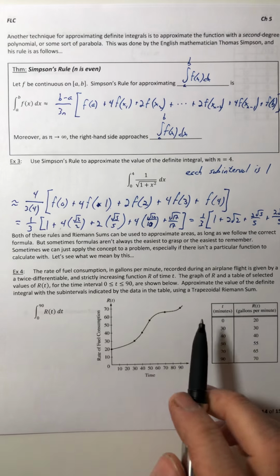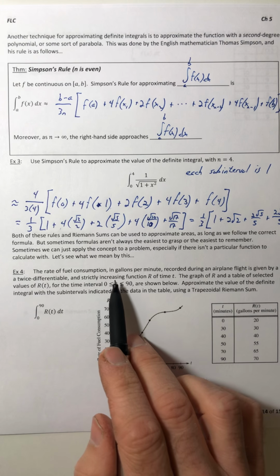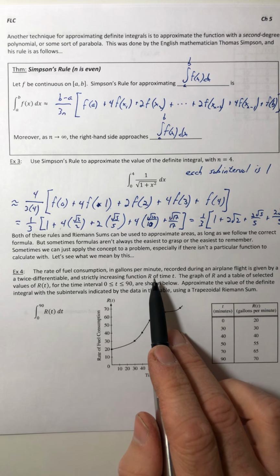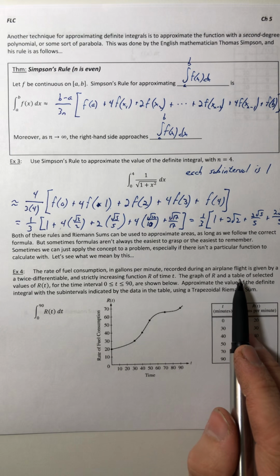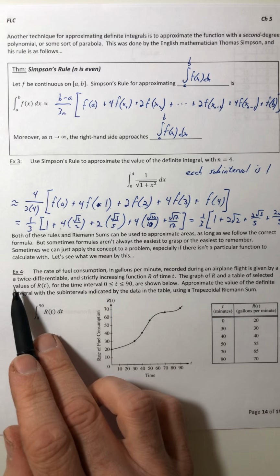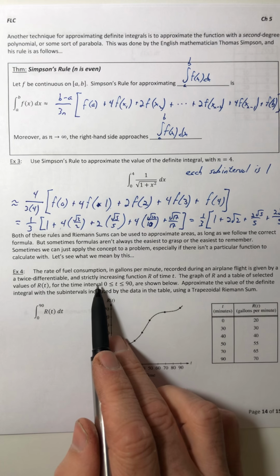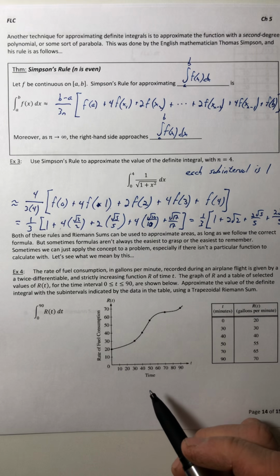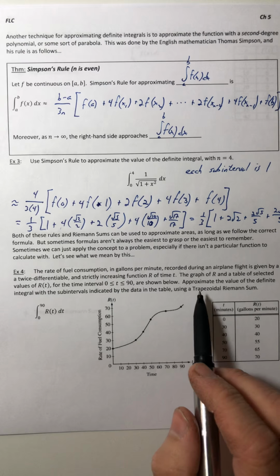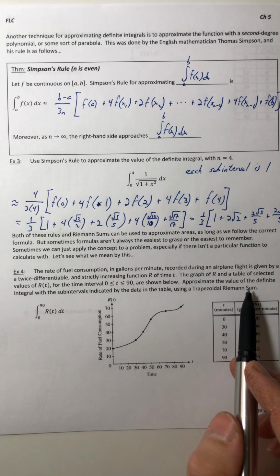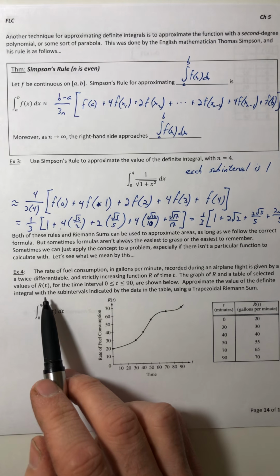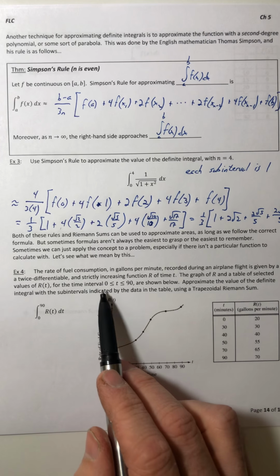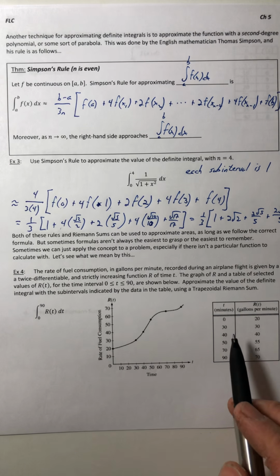So example 4: the rate of fuel consumption in gallons per minute recorded during an airplane flight is given by a twice differentiable and strictly increasing function r of time t. The graph of r and the table of selected values of r of t for the time interval 0 to 90 are shown below.